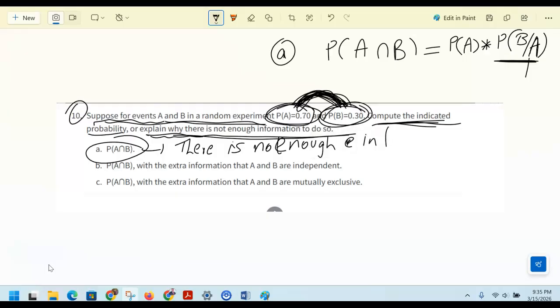But if you see the second question, it says there is extra information. They are independent. Now, what is the meaning of independent?